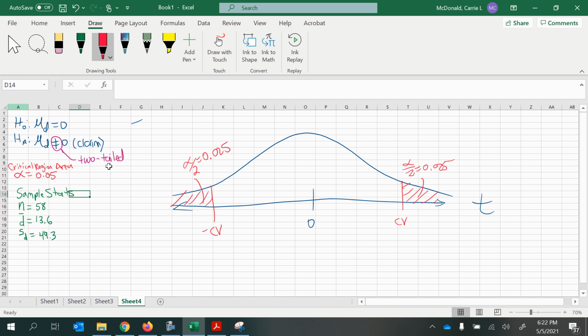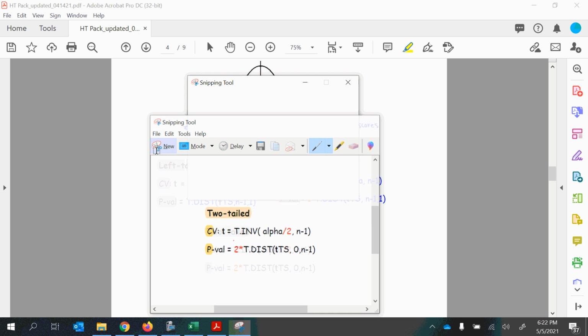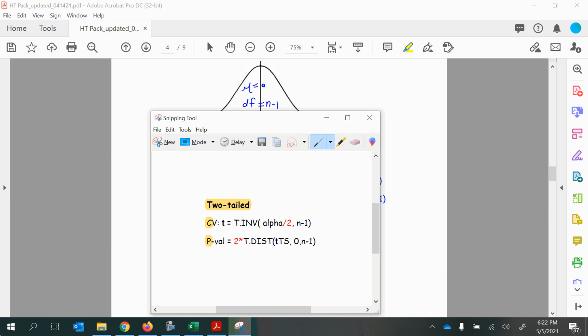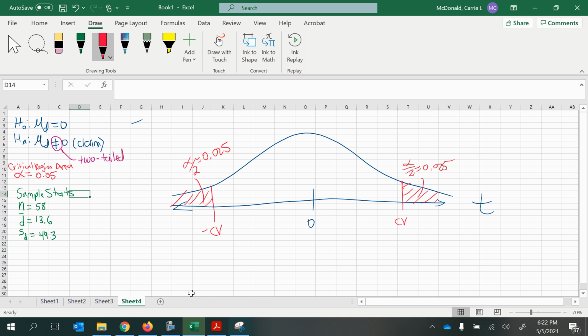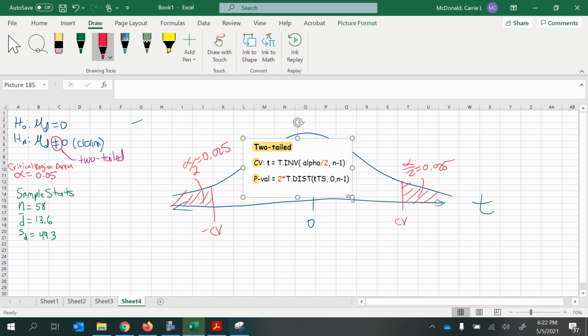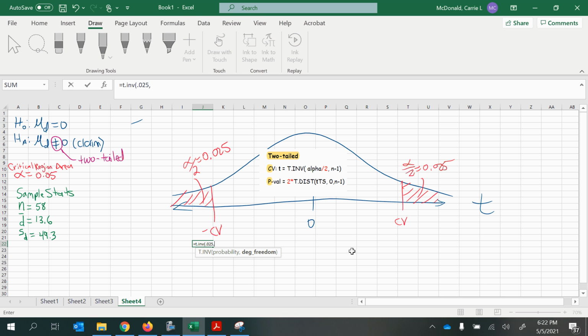So to find our critical value, okay, notice again, we're using this. Let's just put this in the middle here. Okay, so for the critical value, it's easier to find the negative one. So we're going to go t.inv on alpha half 0.025 with 57 degrees of freedom.